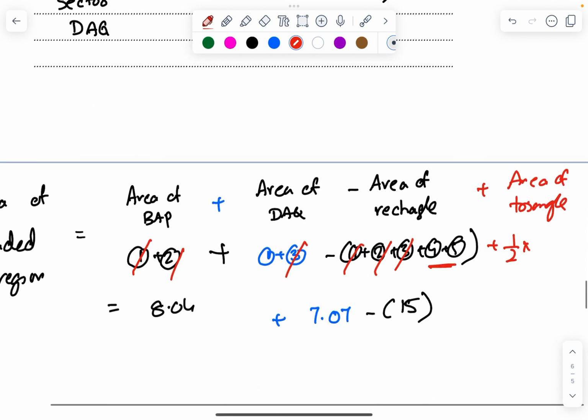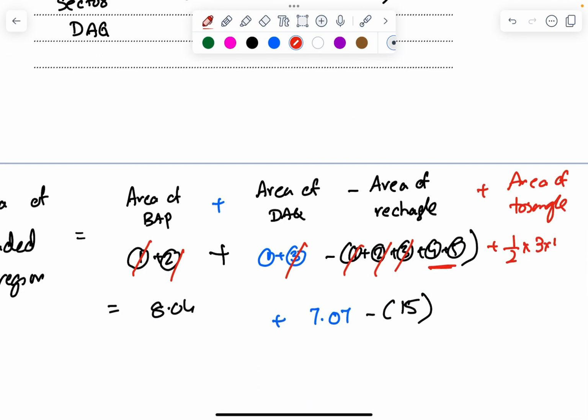So half times 3 times 4. Simplify that, and the answer is going to be 6.11. That's going to be the final answer.